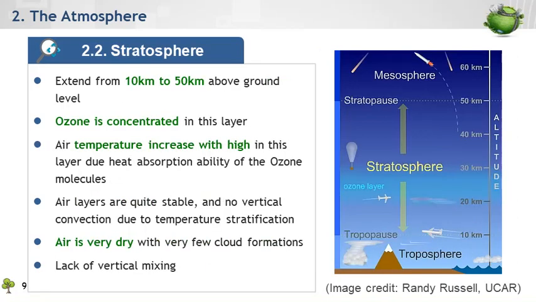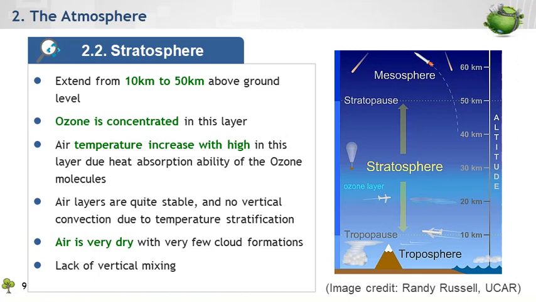The layer immediately above the troposphere is the stratosphere. It lies between 10 km and about 50 km above ground level. In this layer, ozone gas is relatively abundant. Therefore, much of the sun's energy is absorbed here, causing the air temperature to increase with altitude.